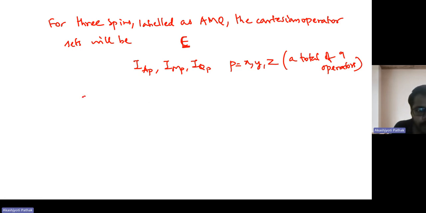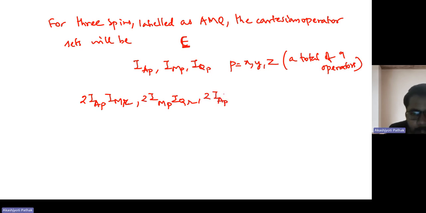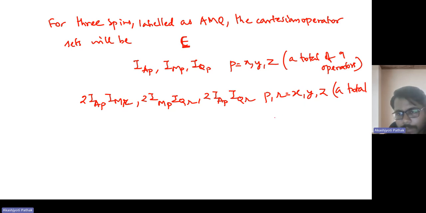Again, there will be 2I_AP I_MR, then 2I_MP I_QR, then 2I_AP I_QR, where P, R is equal to X, Y, Z. In this case, there will be a total of 27 operators.